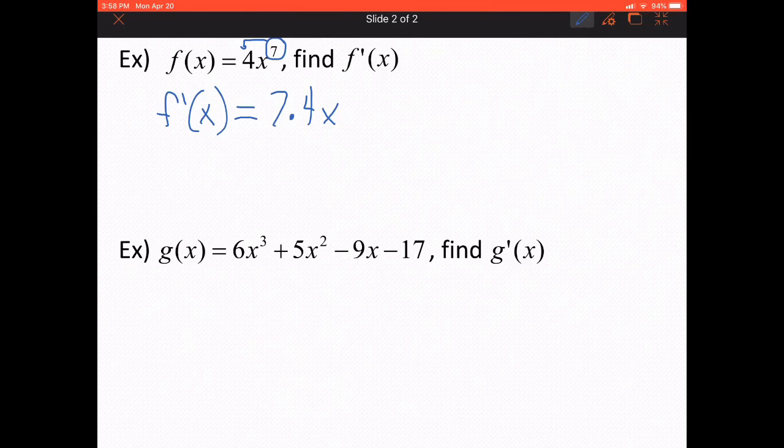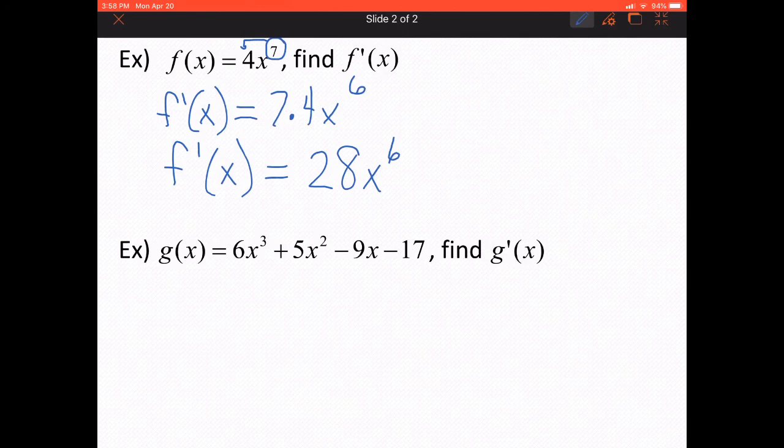It was 7, so now it's 6. And so the derivative of our monomial is 28x to the 6th. Now you don't have to show all that work. You can do that multiplication and subtraction in your head to get your answer. I just wanted to show you what I was doing.